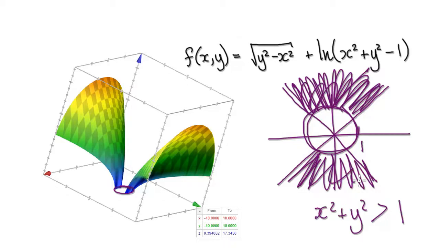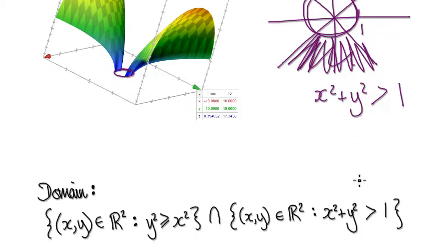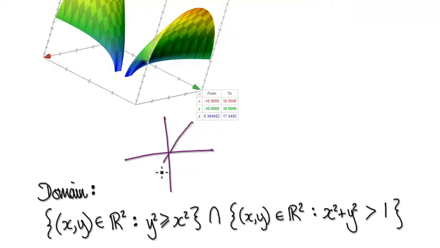So let's put that down in writing. Our domain is xy on the 2D plane, such that y squared is bigger or equal to x squared. What this bit is saying is y equals x, y equals negative x.